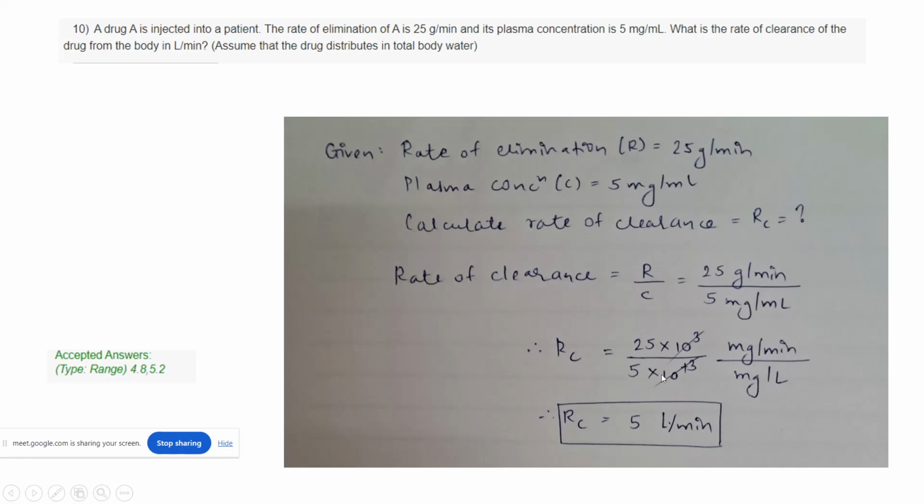This would be 5 into 10 power 3 mg per liter and 25 mg per minute. So you'll get RC of 5 liter per minute. But here, as you can see, the range was 4.8 to 5.2. So if you're giving 5.167, it should still count. And if you still have the concern, then you can raise it on the discussion forum.